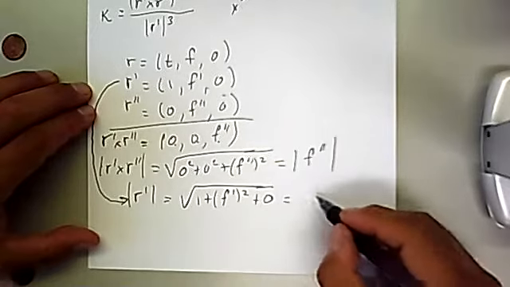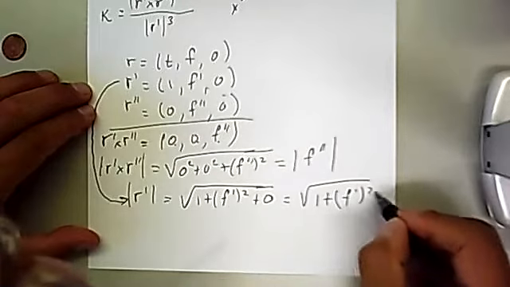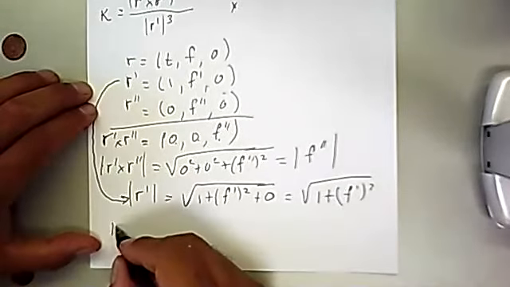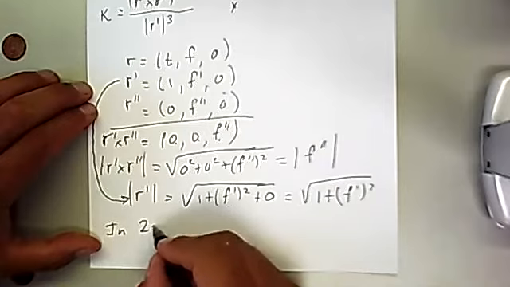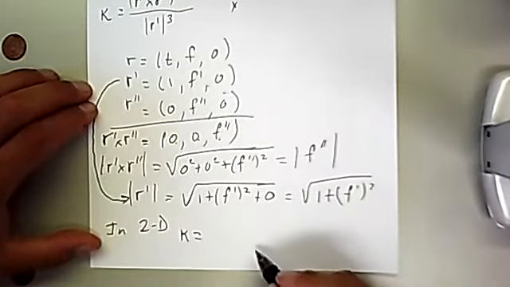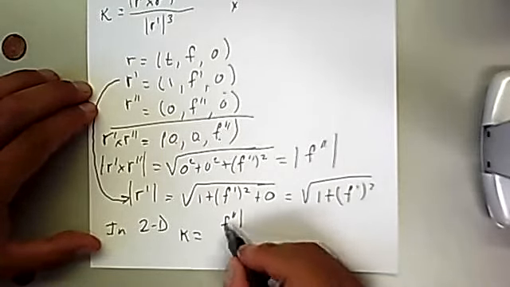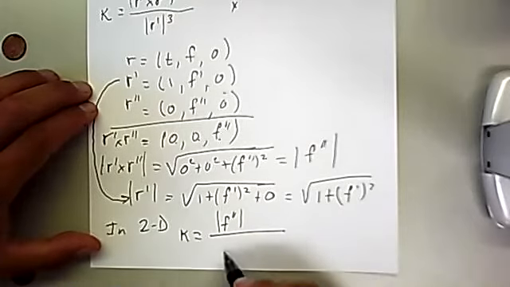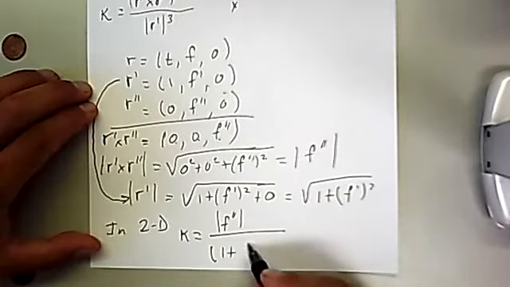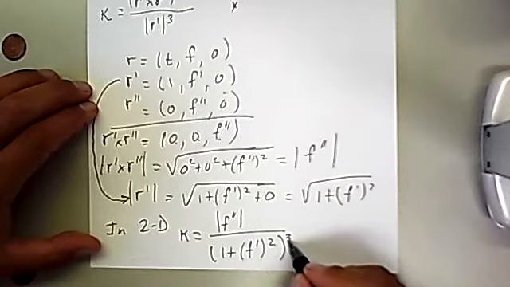So, of course, we simplify this 0, and we end up with the square root of 1 plus f prime squared. So, in 2D, the curvature is found by the absolute value of the second derivative of the function over 1 plus f prime squared, that quantity to the 3/2.